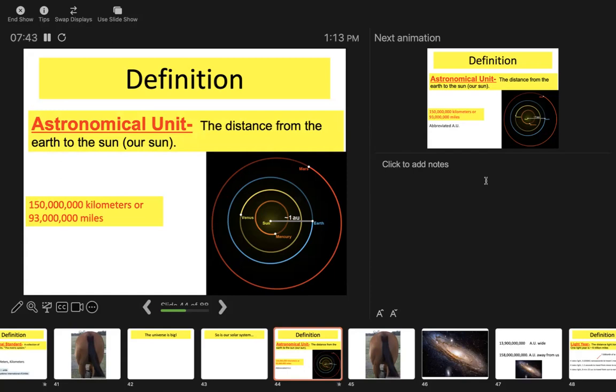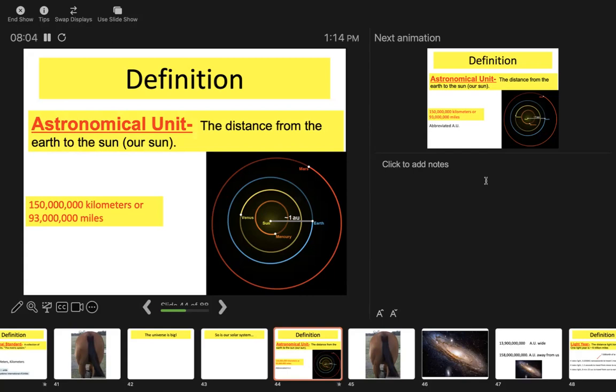So we are called the 3rd rock from the sun because we're a rocky planet. Well, here's the Earth right here, and you can notice its general size in relationship to all the other planets. But what's not shown here is the distance from these planets to the sun. It looks like they're all really close, and they are not close at all.